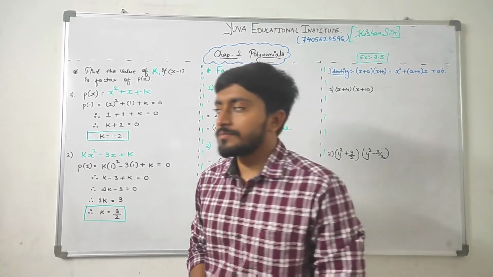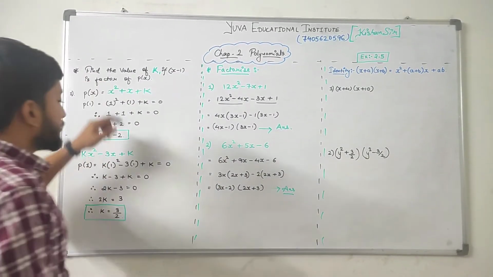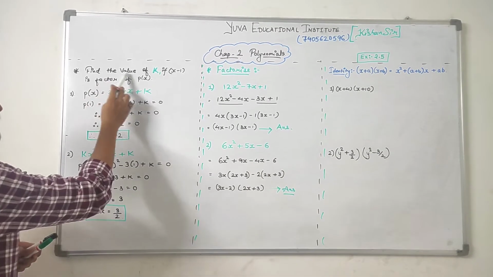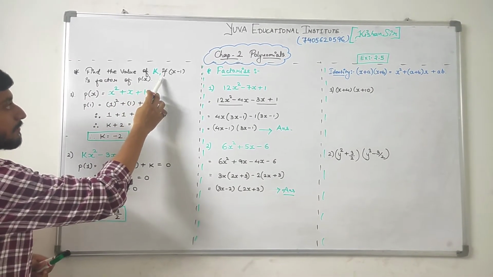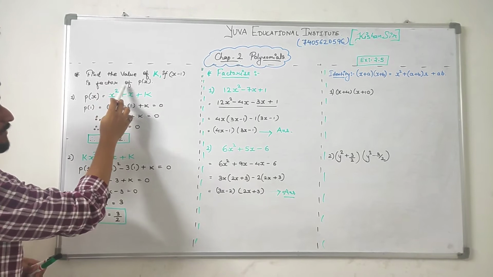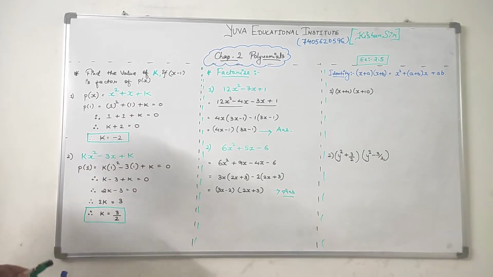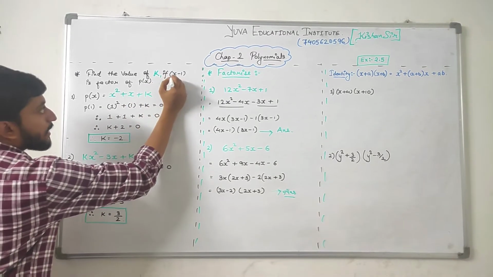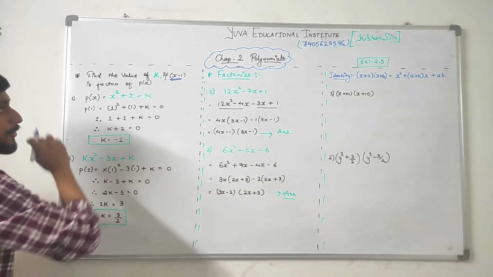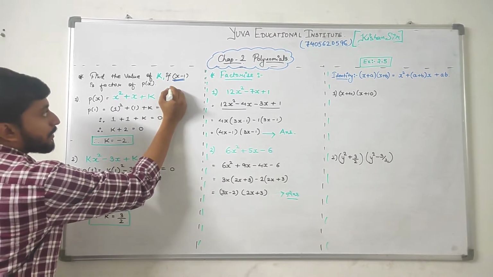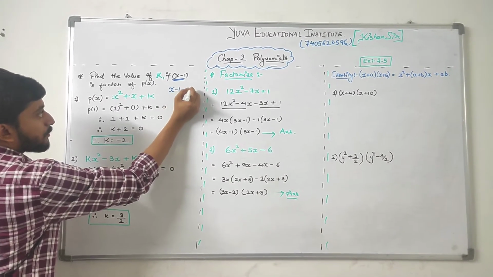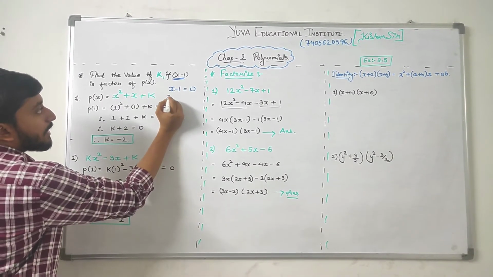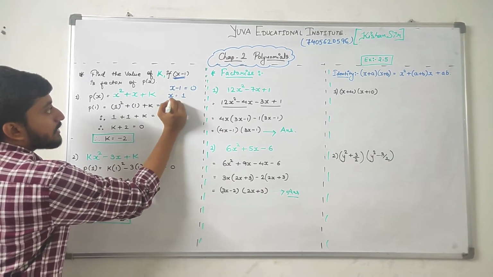Okay, let's see students. Here you can see, find the value of k if x minus 1 is a factor of p of x. If I say x minus 1 is a factor of the given polynomial, it means you have to take x minus 1 is equal to 0, then x is equal to 1.